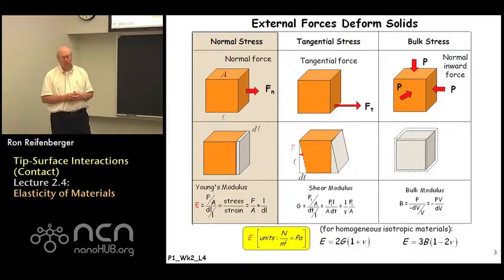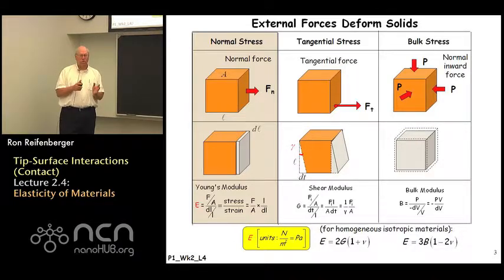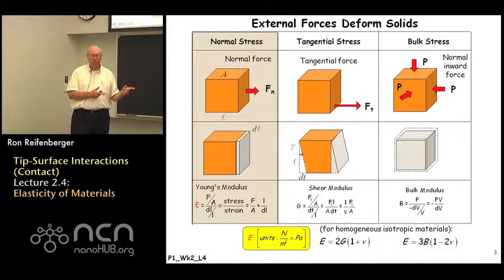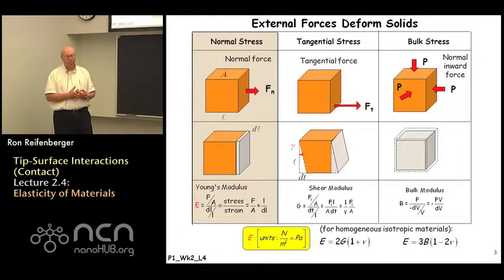One is a tangential stress, and the other is a hydrostatic pressure that's applied equally to all faces of the cube. Those 2 deformations are not terribly interesting for atomic force microscopy, and what we'll do is focus on the normal stress applied perpendicular to the plane of a cube.